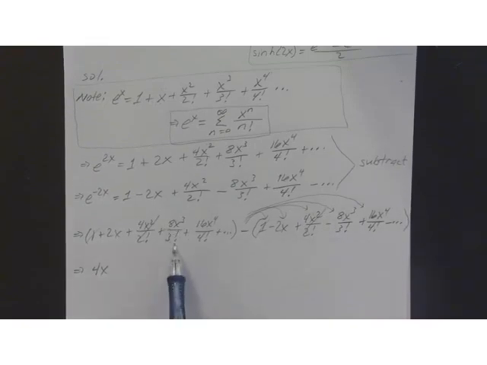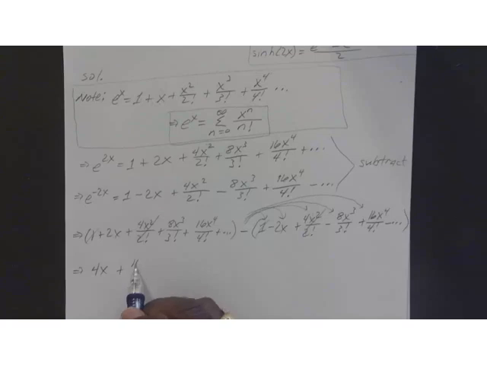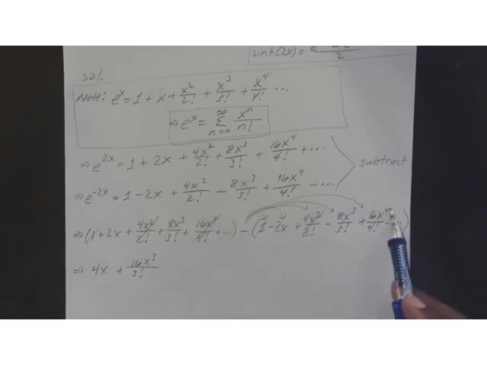We have 8x to the third power divided by 3 factorial plus 8x to the third power divided by 3 factorial. So we have plus 16x to the third power divided by 3 factorial. We have 16x to the fourth power minus 16x to the fourth power, so that disappears.